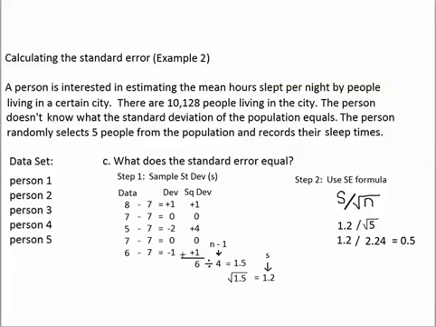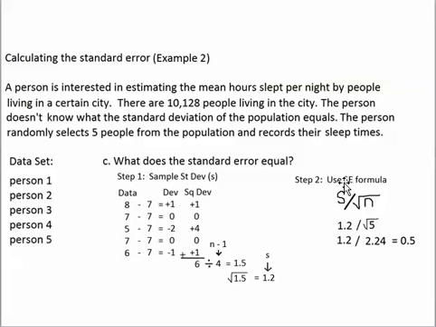Now let's go through the actual steps of calculating the standard error in this situation. The population standard deviation isn't known. It isn't provided to us, which means that we don't know how much dispersion is in the population. So what we're going to have to do is calculate the standard deviation of our sample, which measures the dispersion of our sample, and use that standard deviation to estimate the amount of dispersion in the population.